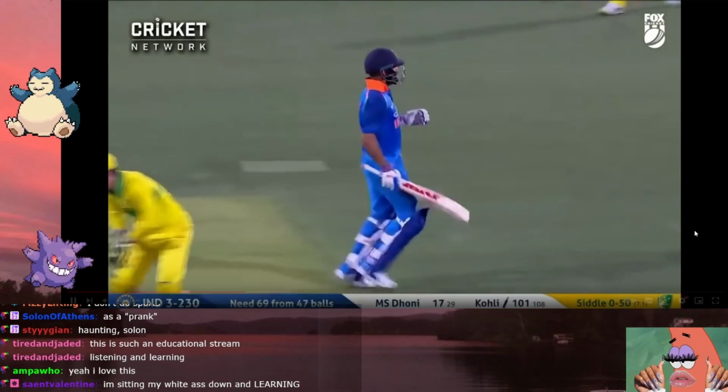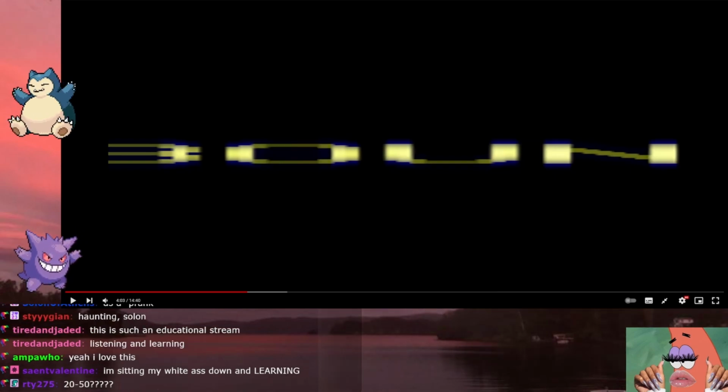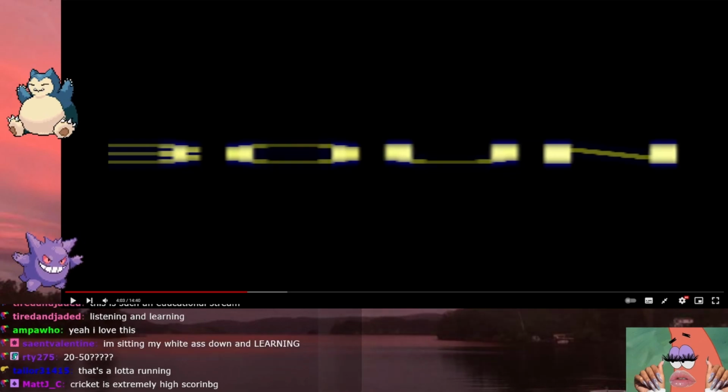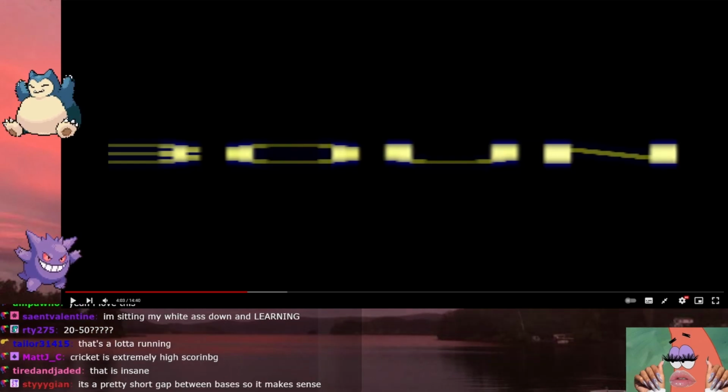This is called a century, and it's very fun. 100s are big deals. The best batsman in the world, across all forms of cricket, will generally score maybe 100 to 150 centuries in their career, and that's the best batters. That's over their entire career.